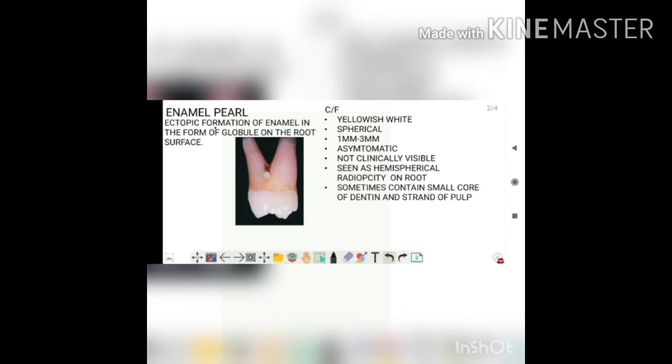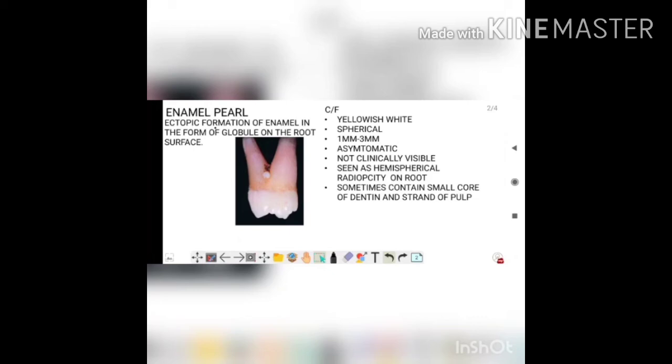The next developmental disturbance that we'll study is enamel pearl. It is also called enameloma, enamel drop, enamel nodule, enamel globule, and enamel knot. So these are the various names of enamel pearl. Now, what is enamel pearl? It is the ectopic formation of enamel in the form of globule on the root surface.